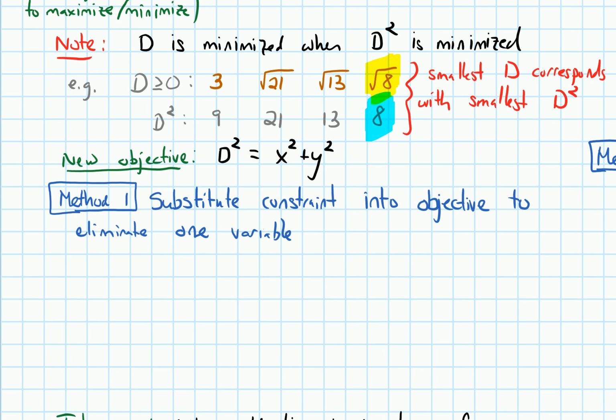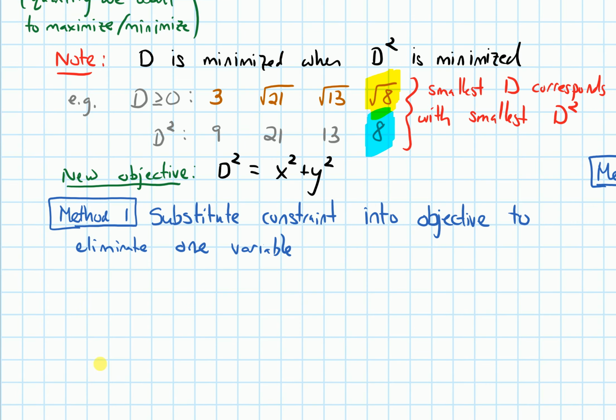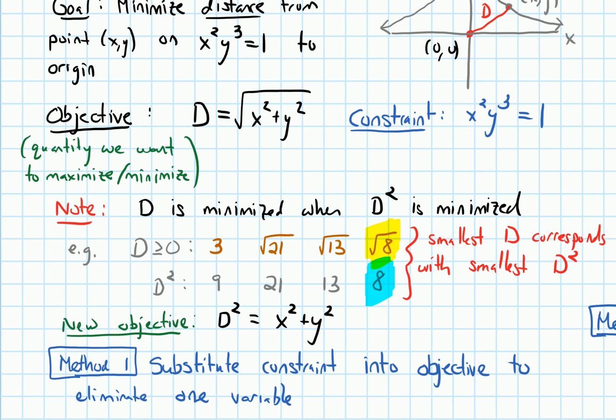You might remember from calculus, when you did optimization questions, this was typically the strategy. Usually the function that we wanted to maximize or minimize, in this case x squared plus y squared, was often in terms of more than one variable, typically two, and we used some other information that I'm calling the constraint to substitute into the objective equation and get it in terms of one variable so that I could take its derivative.